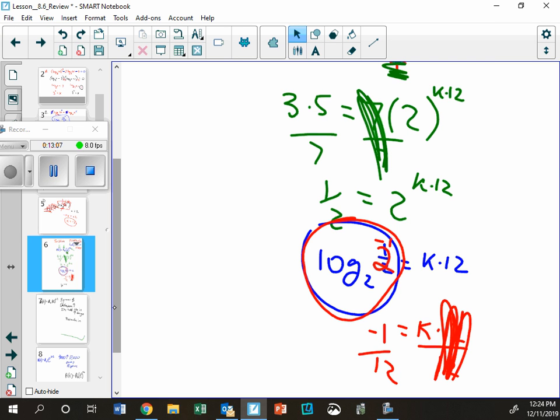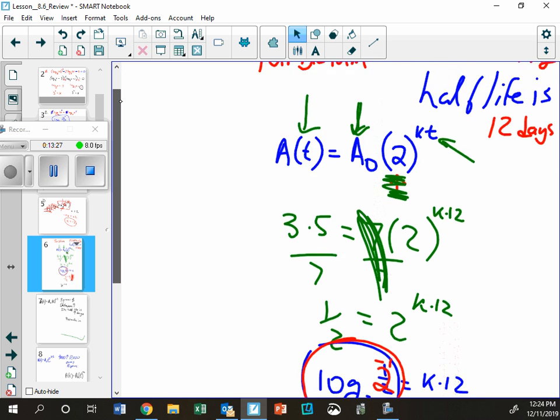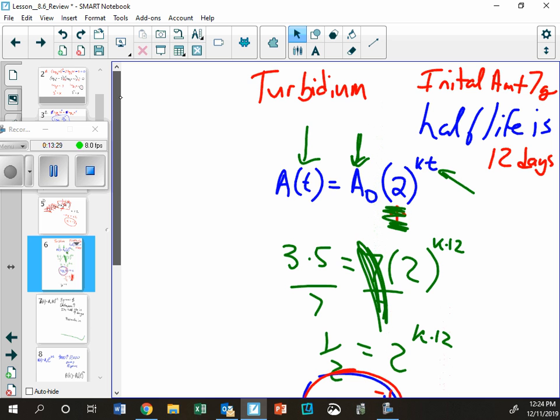But here's the problem. The question wouldn't say, find K. The question would say, find an equation that could be used with any amount of turbidium. Find an equation that could be used for any amount, not just 7.